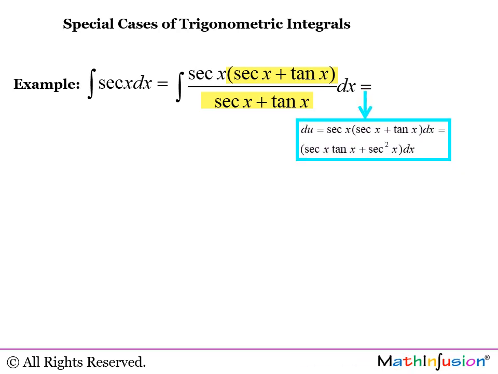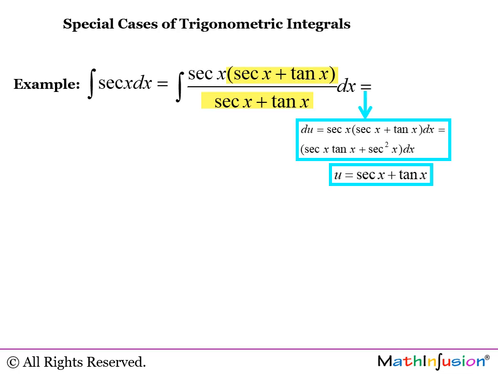If you notice, what is written on top, which is secant x times secant x tangent x dx, is exactly the derivative of secant x plus tangent x. So du is going to be secant x plus tangent x.